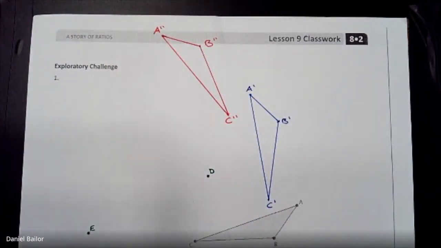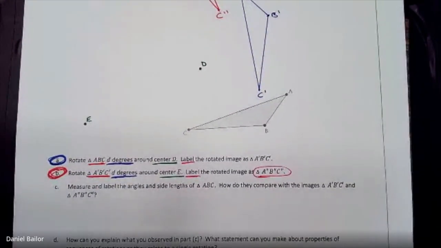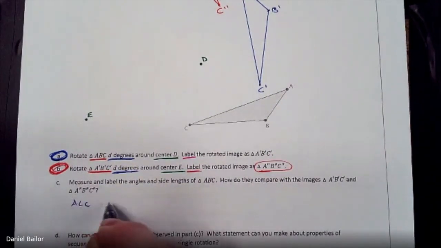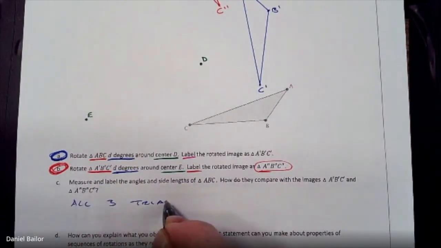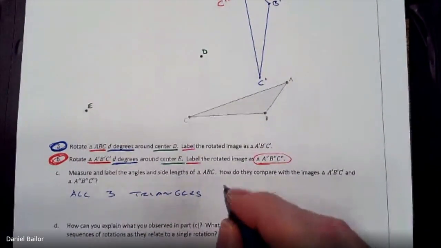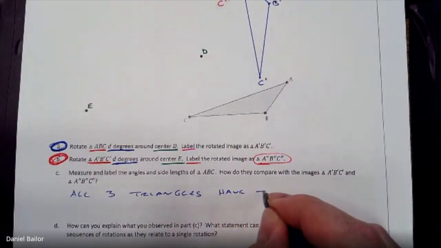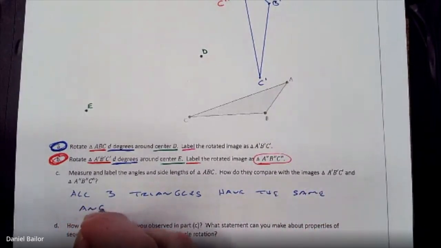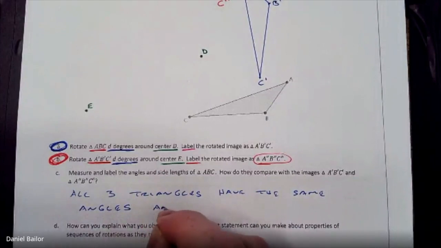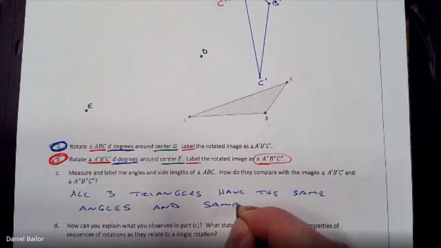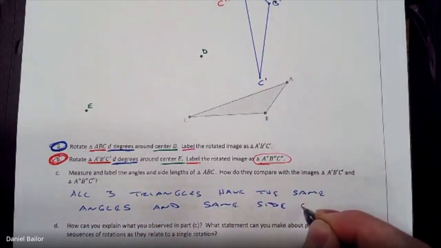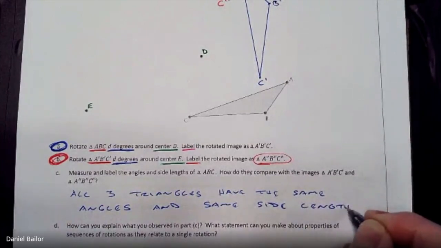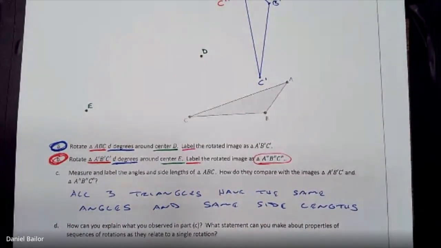In fact, I'm just going to stop there to save some time, because what you're going to find out is that all three triangles, if you measure and take the time, have the same angles and same side lengths. The lengths of the sides are all the same, and the angles are all the same.